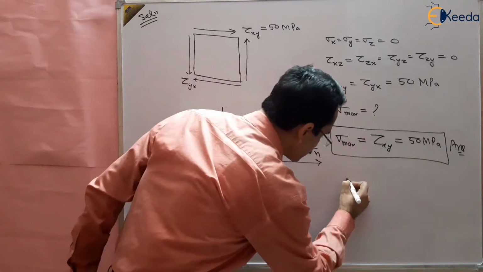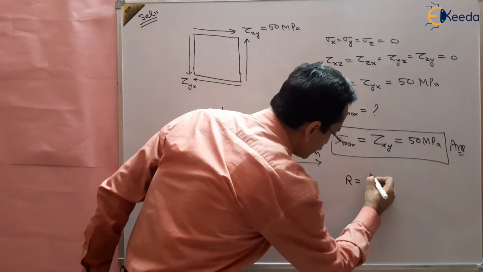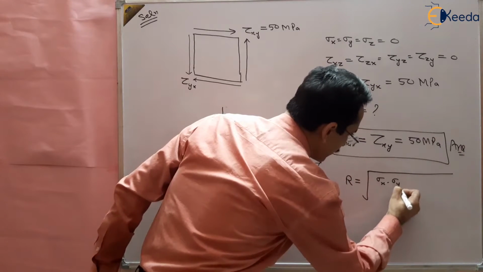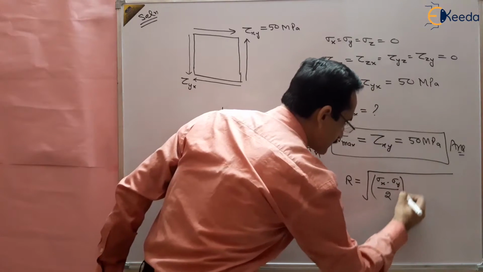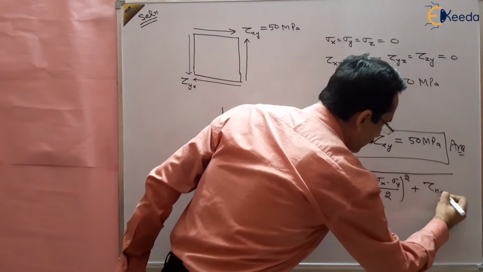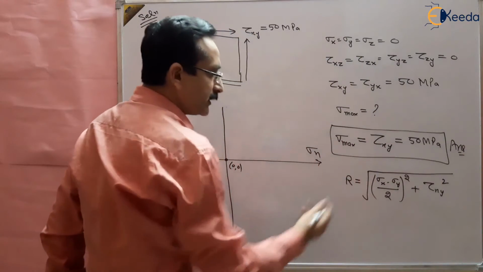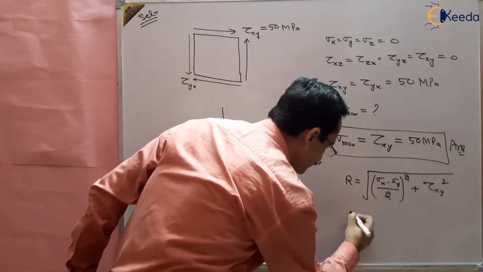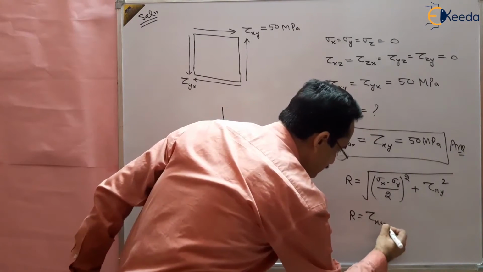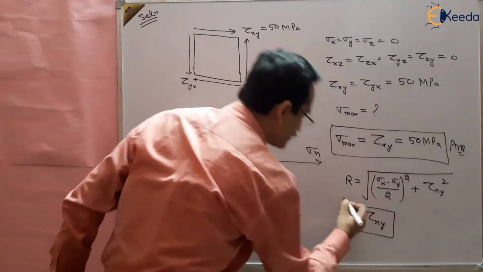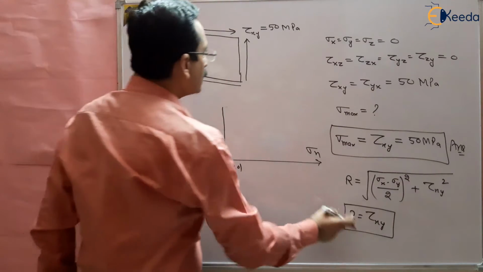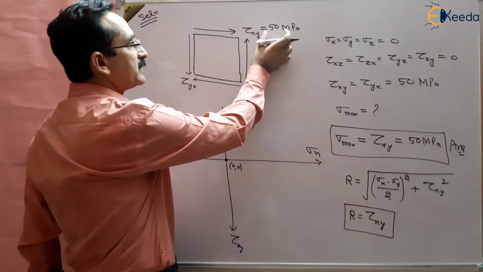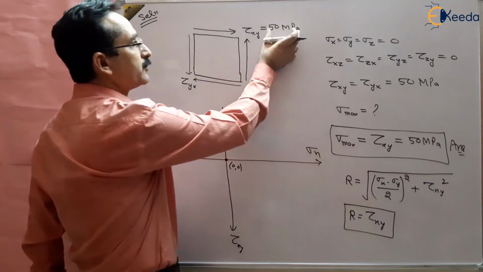The radius of the Mohr circle is given by the square root of sigma x minus sigma y by 2, whole square, plus tau xy whole square. You have to go to the principal stress chapter for this. Here sigma x is 0, sigma y is 0, so the radius of the circle is nothing but the applied shear stress. Draw the radius to a suitable scale, equivalent to 50 megapascal.